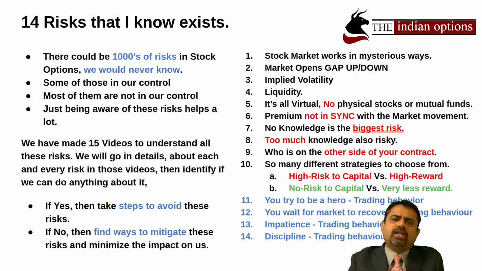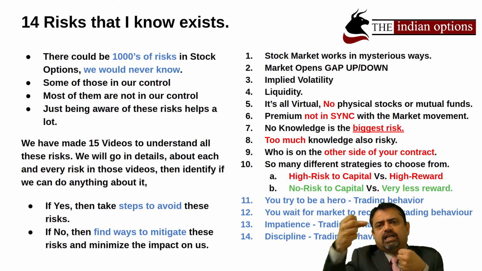What do I mean by liquidity? Liquidity means that you should be able to sell whenever you want, or buy whatever you want, whenever you want. In options, the trade always happens between two people. One person is selling and the other is buying, or the other way around.